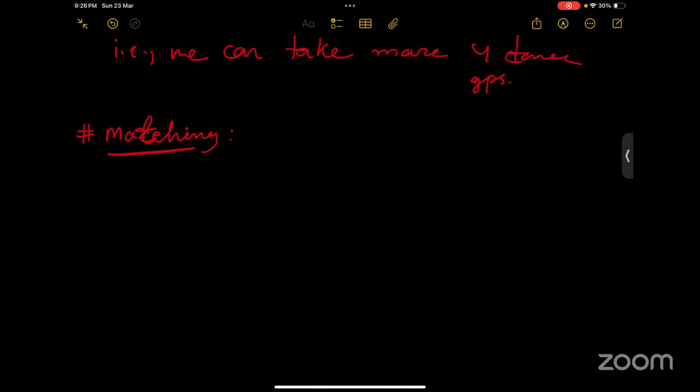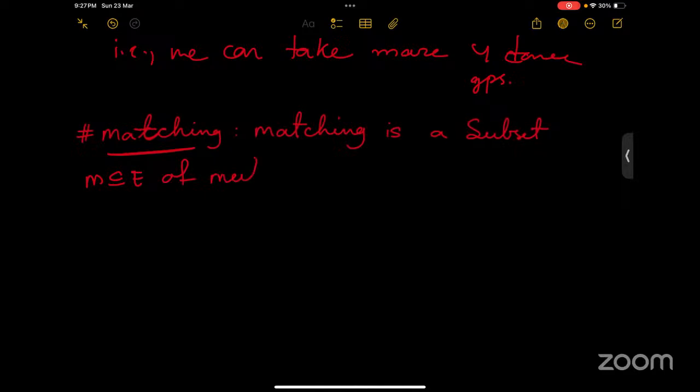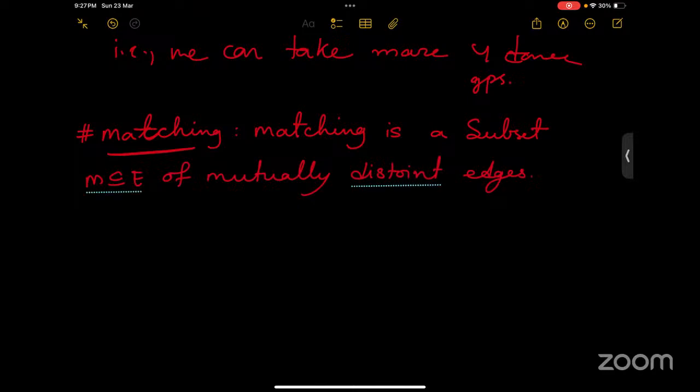So matching is a subset of mutually disjoint edges.